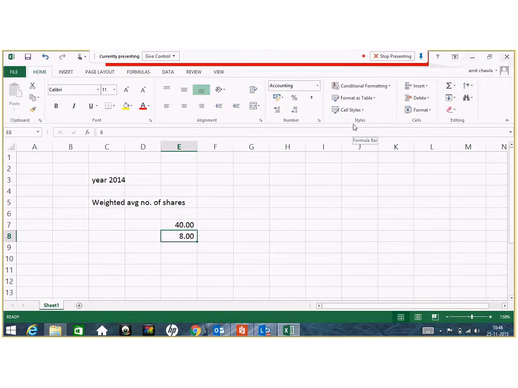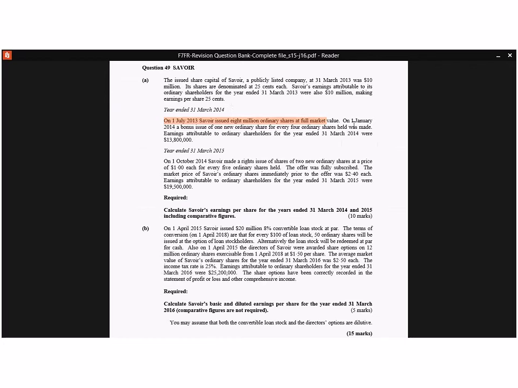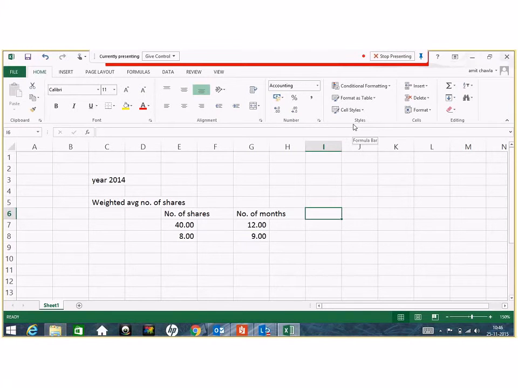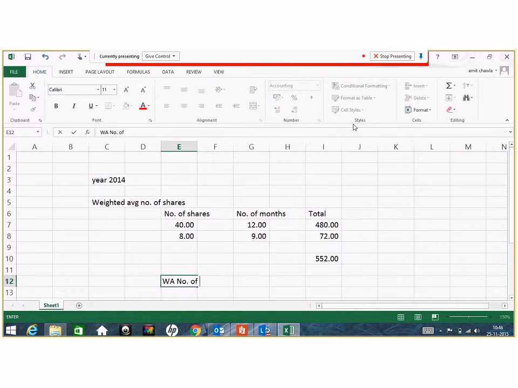we are looking at number of shares and number of months. This is obviously for 12 months and this is for 9 months, giving a weighted average of, let's say this is supposed to be taken as 12. So my weighted average number of shares can be calculated as 46.